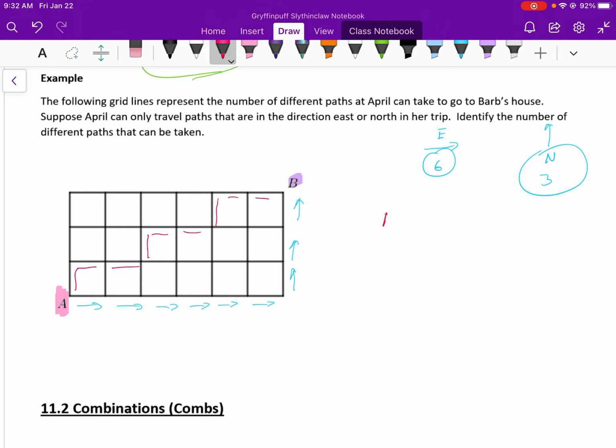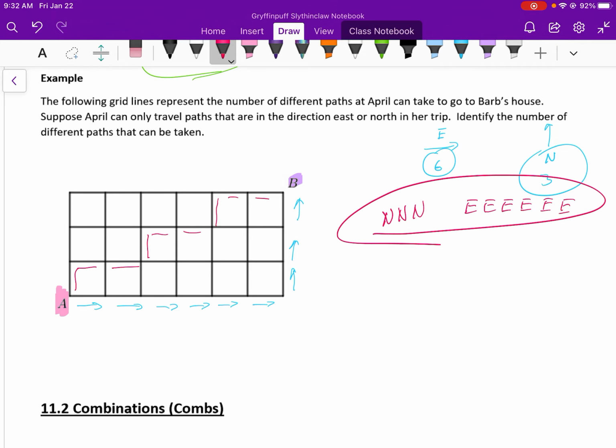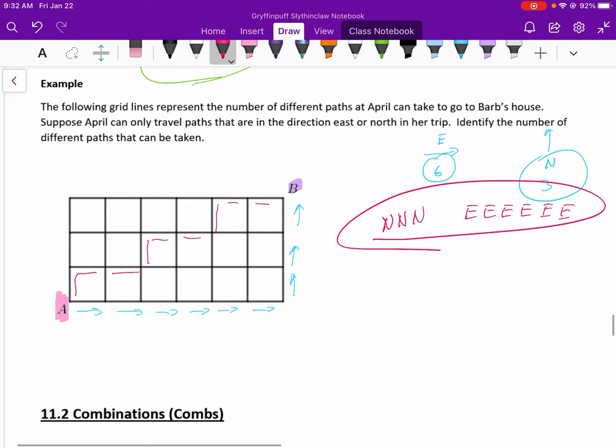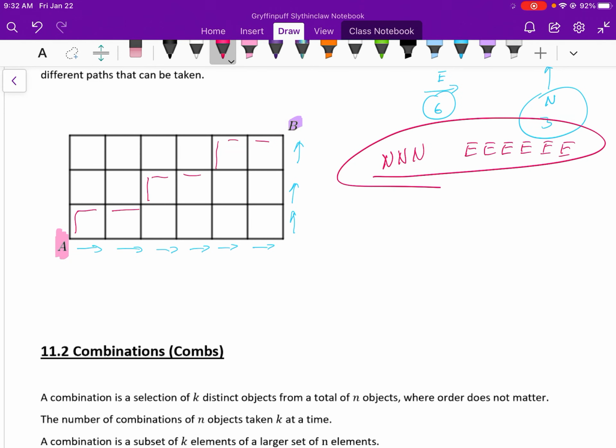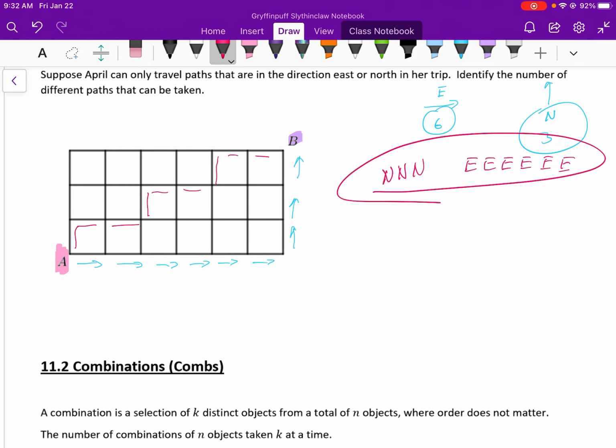So basically, I have a word that is north, north, north, east, east, east, east, east, east. It's very similar to the aardvark question, but now I just have 2 letters. So how many objects do I have? I believe I have 9 objects.